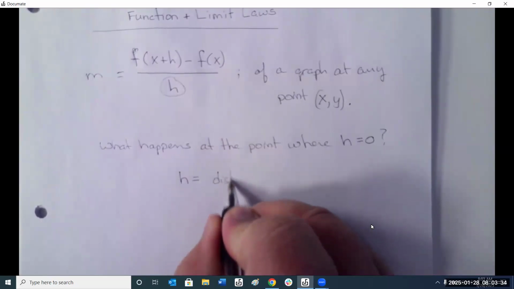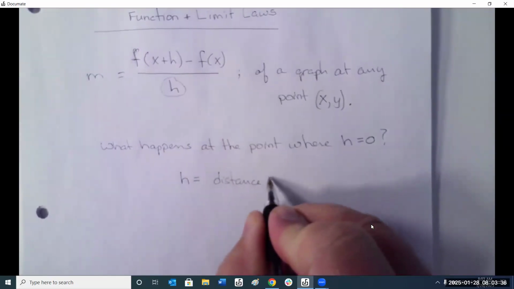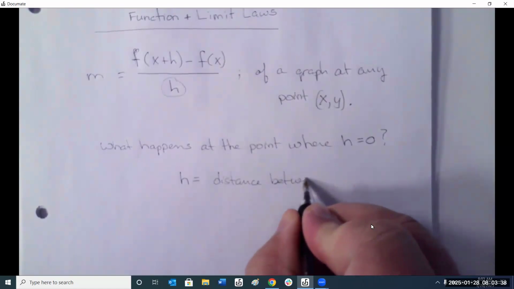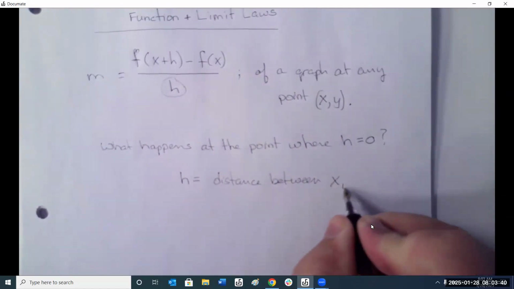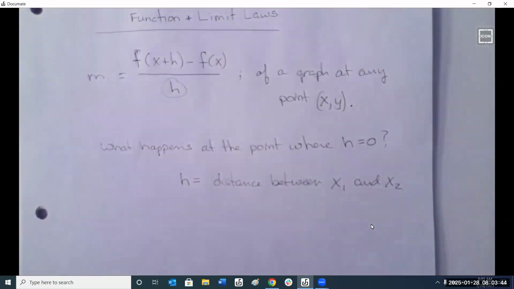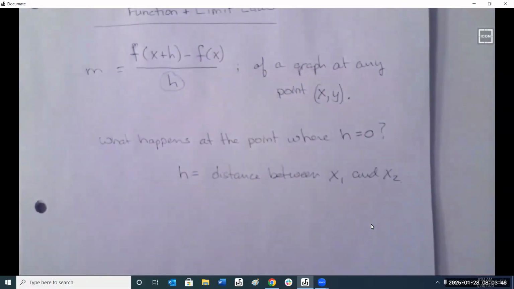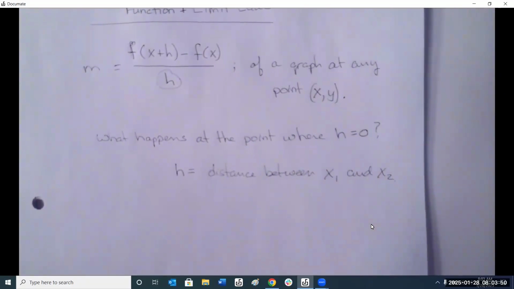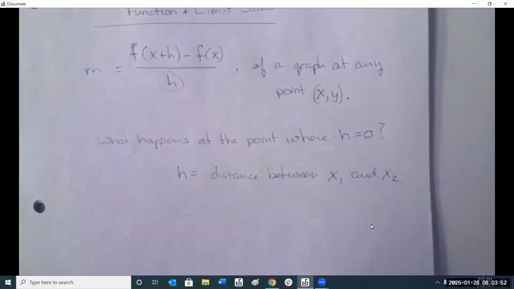H is the distance between x1 and x2. Because remember, to find the slope of a curve, we can only have 1 point.